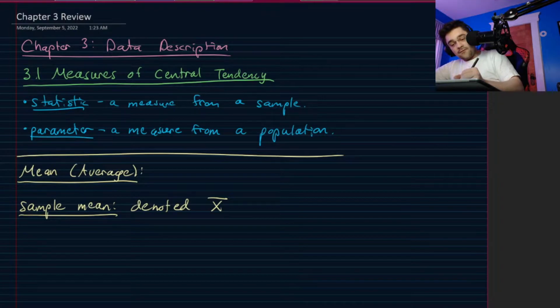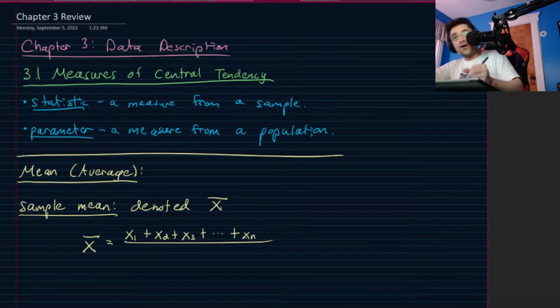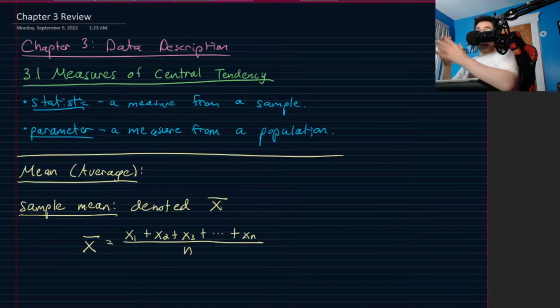And the formula for x bar is x1 plus x2 plus x3 plus dot dot dot plus x sub n over n, over little n. Right, this is just another way of doing the average.